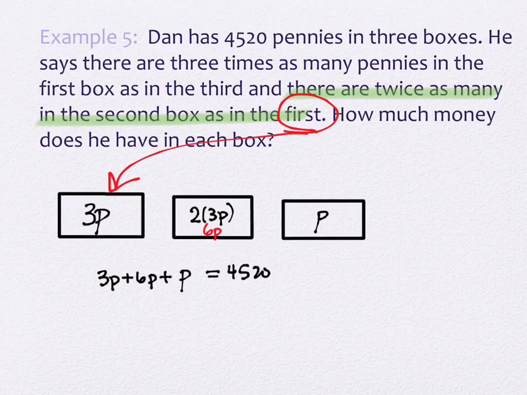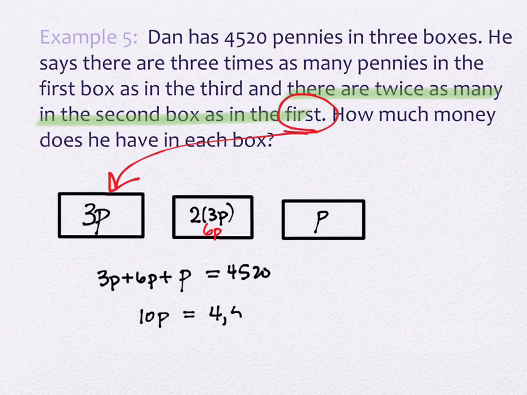Oh, I thought that was the first box. Yeah, I just did them from left to right in order. Okay, how many P's do I have? 10. How'd you get 10, Mackenzie? I had 3, 6, and 1. Yeah, we add the coefficients together. 3 and 6 and 1 would be 10P.